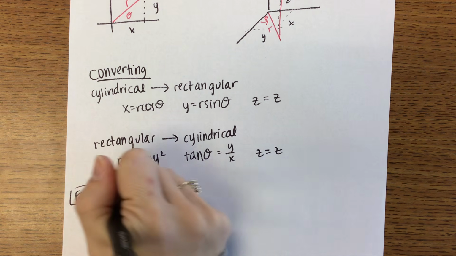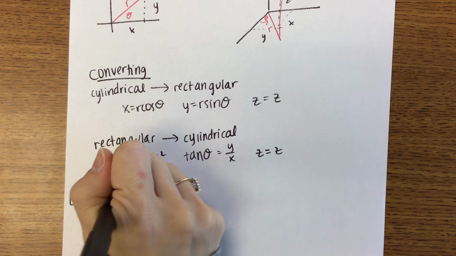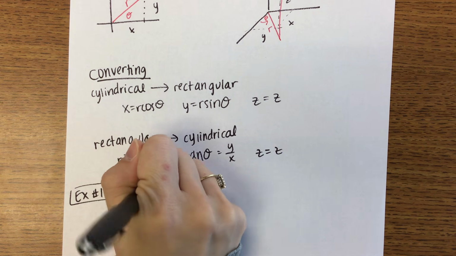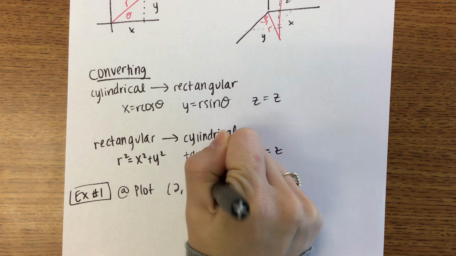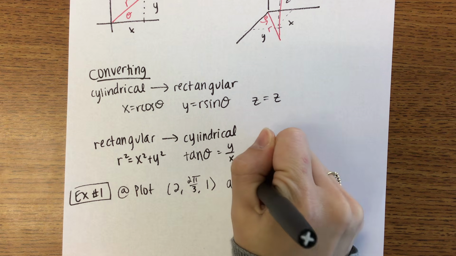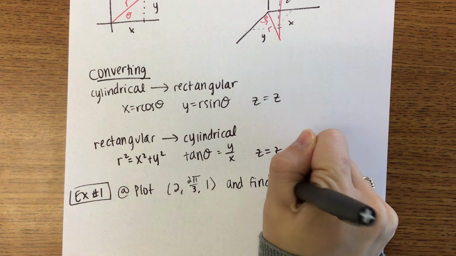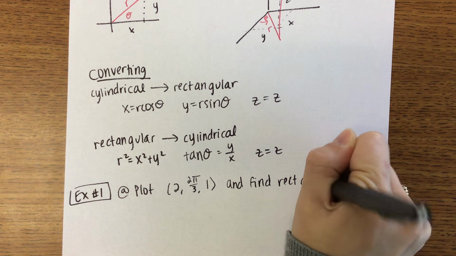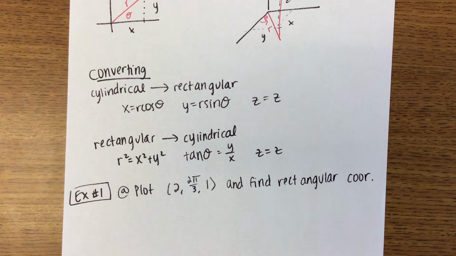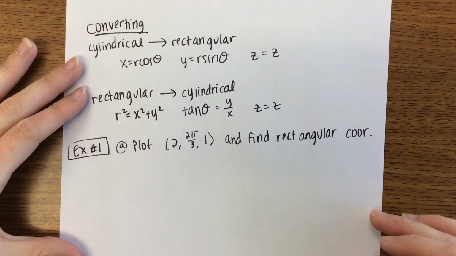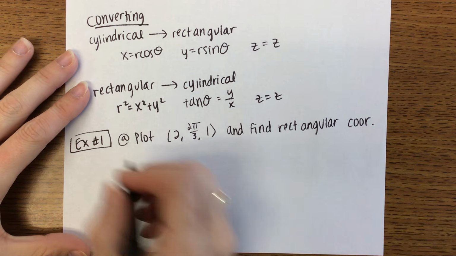Okay, so first example. Part A, we are going to plot the point (2, pi over 3... I mean, 2, 2 pi over 3, 1) and find its rectangular coordinates. So we'll plot and then we'll find the coordinates.